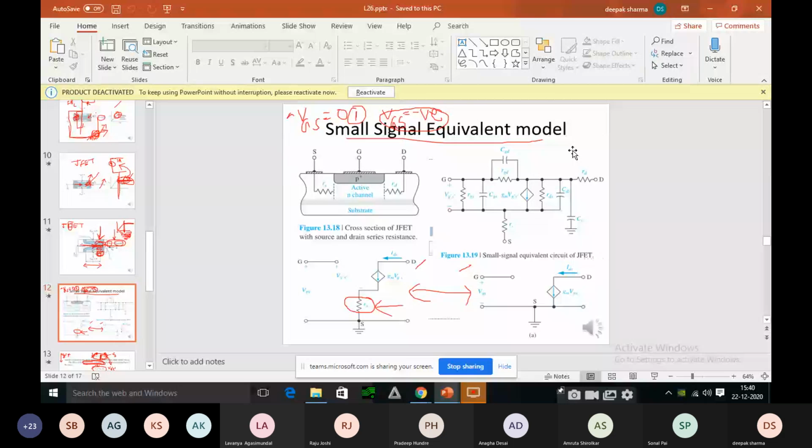What is a small signal equivalent model? It is a model where, for analysis, we just apply small signals.